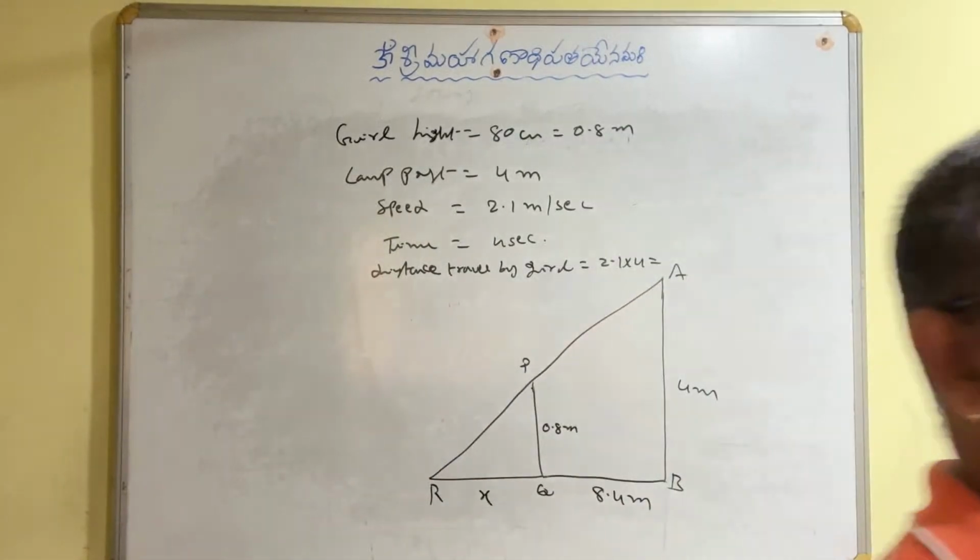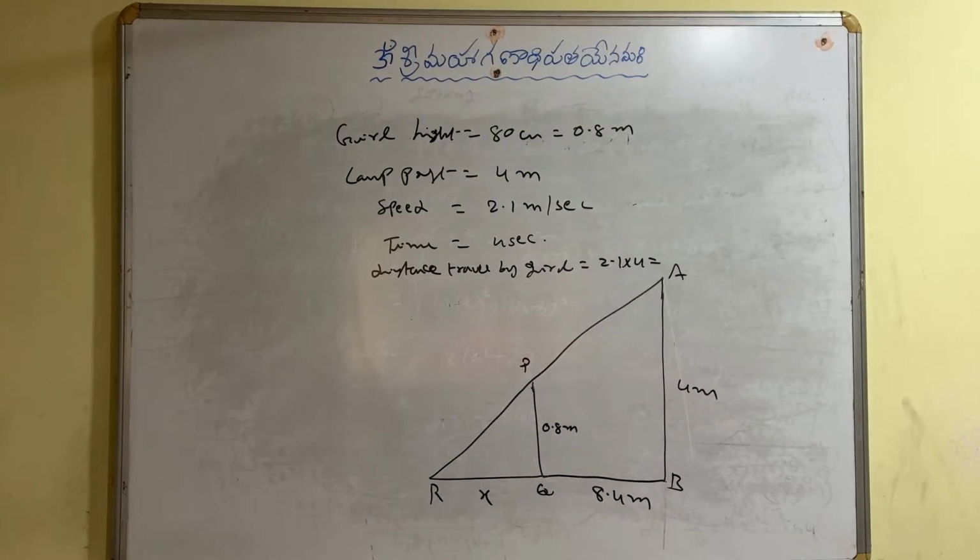So the girl initially at the foot of the lamp post is walking away from the lamp post at a speed of 2.1 meters per second. And how much time she walked? 4 seconds. So what was the distance traveled by the girl in 4 seconds? Speed 2.1 into time 4 seconds, that is 8.4 meters.